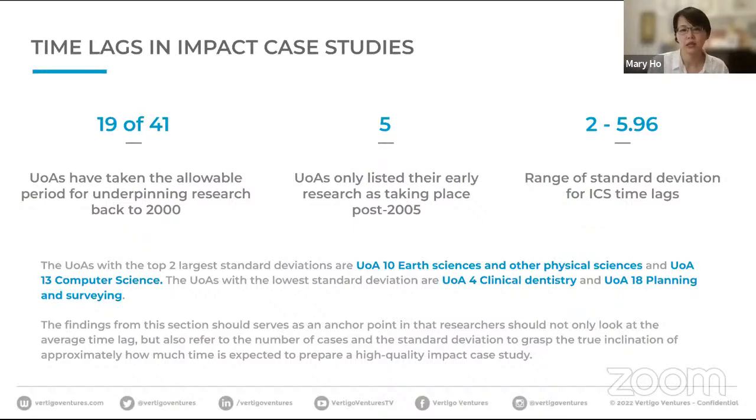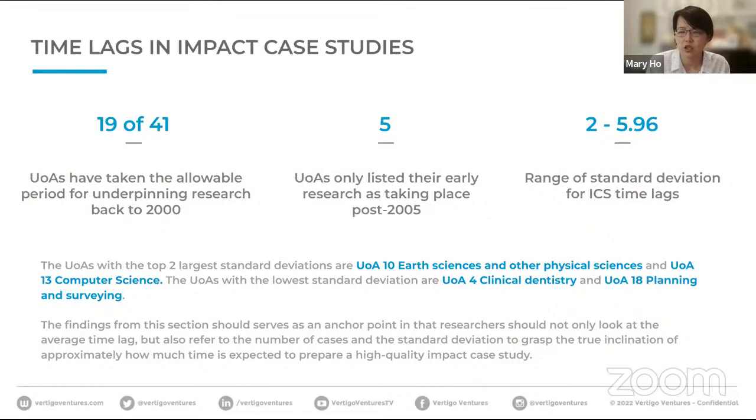By looking into the standard deviations, we can have a better understanding of how the time lags of cases in one UOA are either similar or less variable, or could be the total opposite. From this analysis, we found that the range of standard deviation is between 2 and 5.96, meaning that no UOA has a standard deviation lower than 1 or close to 0.